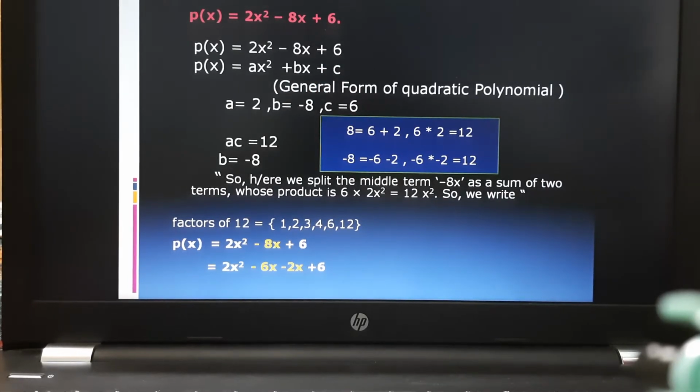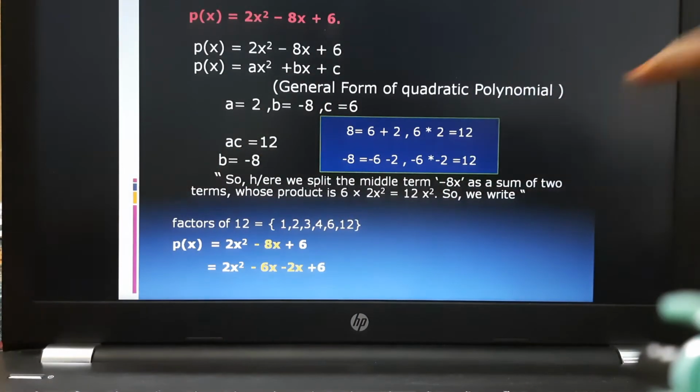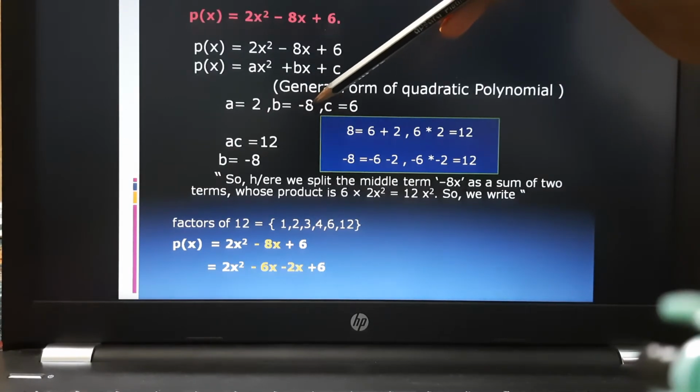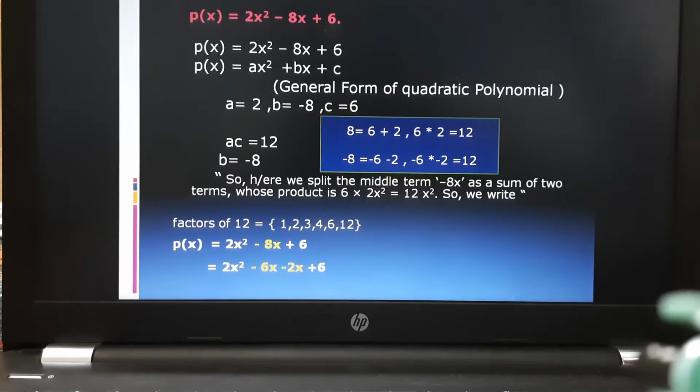Actually in this method, we just have to do one step. We have to split this middle term. Split means we have to divide it into two parts. See here, I'll show an example.